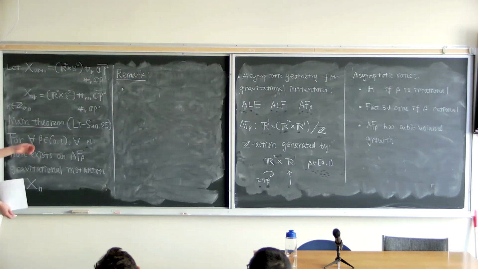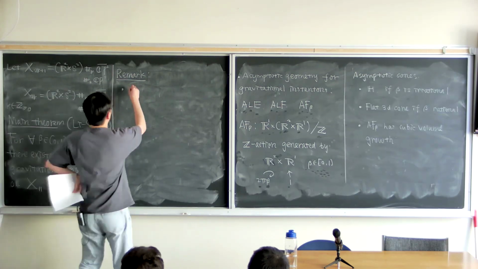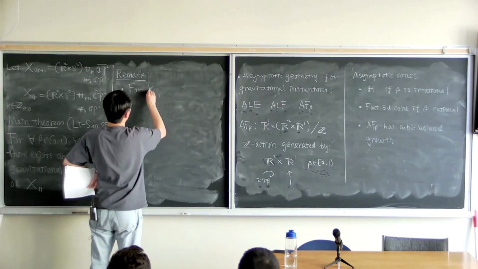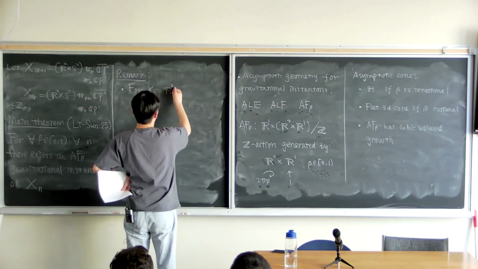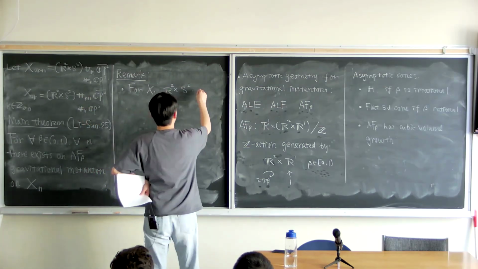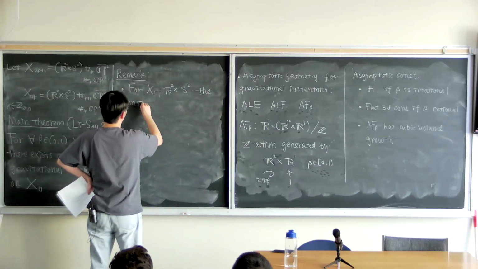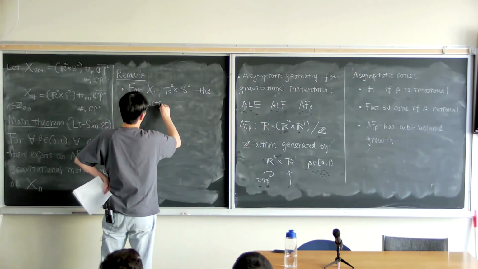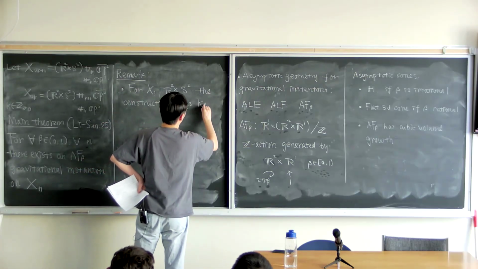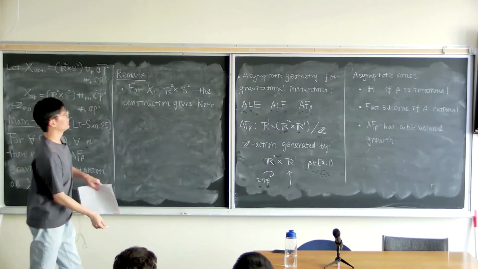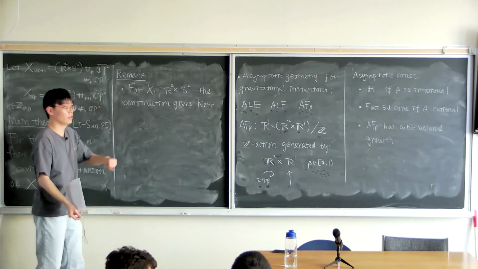And if you do our construction for n equals 1, for x1, the topology will be R2 cross S2. The construction gives you the Kerr metric. It's the Riemannian version of the Kerr black hole. If you do the construction for n equals 1, you get Kerr.